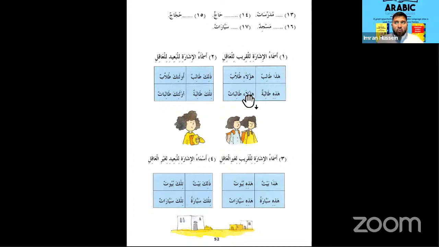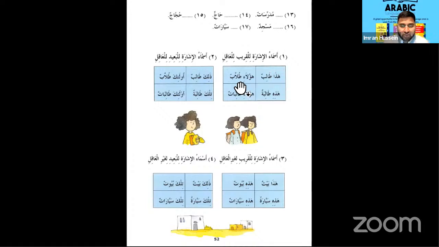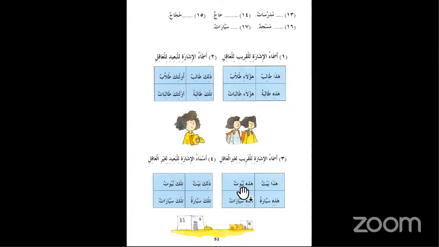When it's for qarib, we translate haulai as these. Okay? Now the opposite of it. All of these are human beings. So when we are using hada with singular and plurals which are non-human beings, we will say hada baytun. This is a house, masculine. Now the plural of baytun is what? Buyutun.